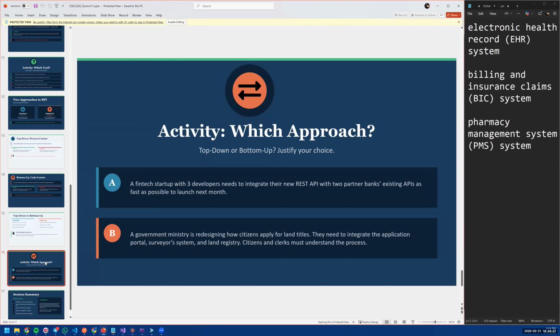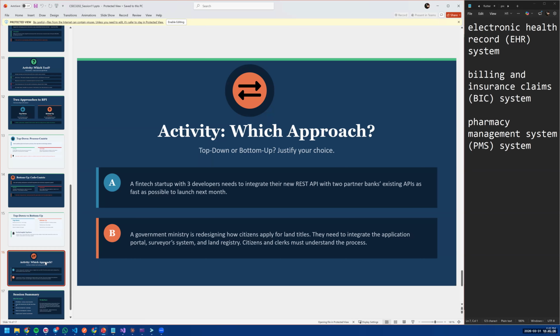We have our APIs and the banks' APIs. All we need to do is create a process that allows us to link the two of them. So that makes the process relatively straightforward. And also, as you said, the speed is a factor because it needs to be done within a month. That's relatively quick. So yeah, I would agree with the bottom up approach in this case.